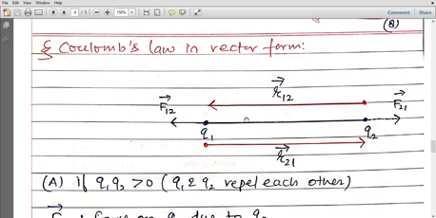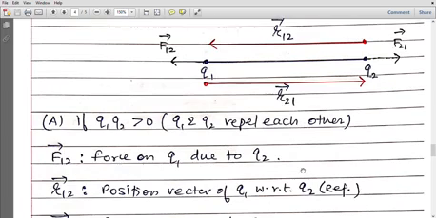The important thing is that they have opposite directions. You can see R12 and R21 have opposite directions, but their magnitudes are equal. So let us start the first topic.